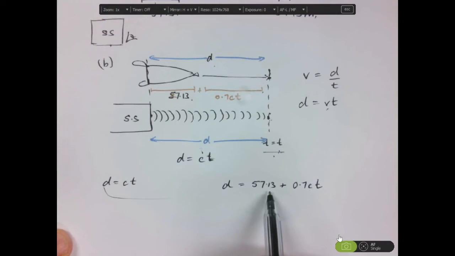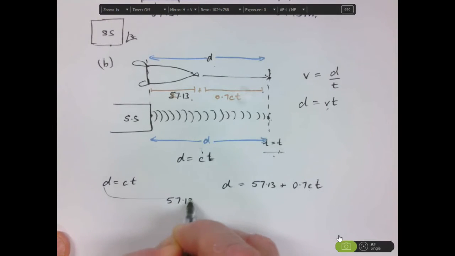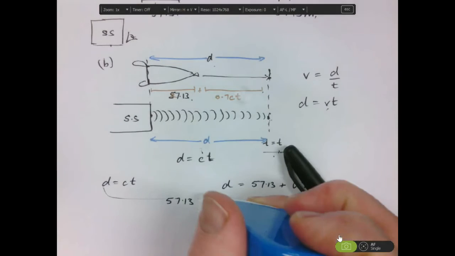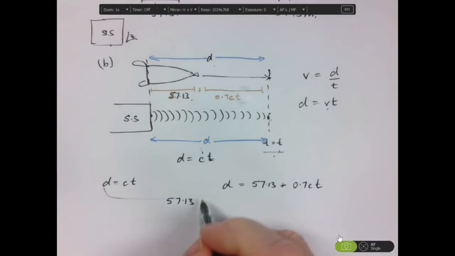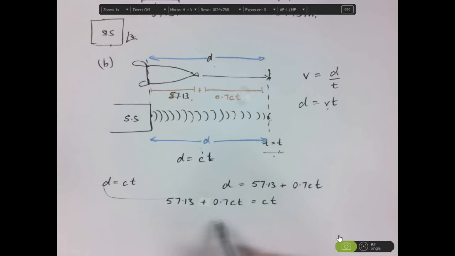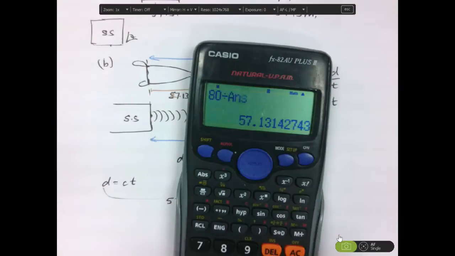So 57.13 plus 0.7ct equals ct. Now change sides. We've got 57.13 equals one lot of ct minus 0.7ct, so that becomes 0.3ct, giving us time equaling 57.13 over 0.3c.